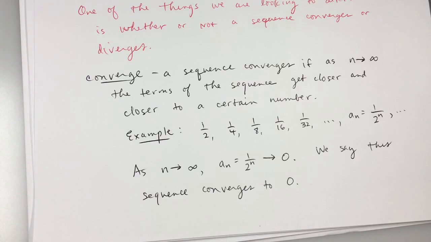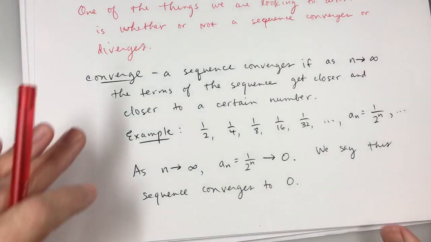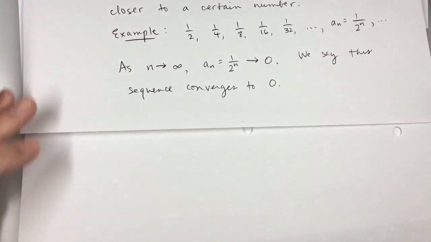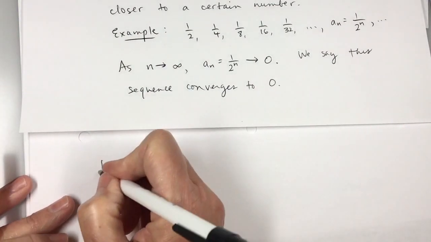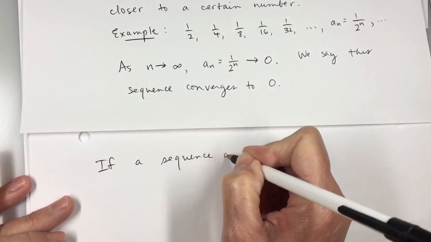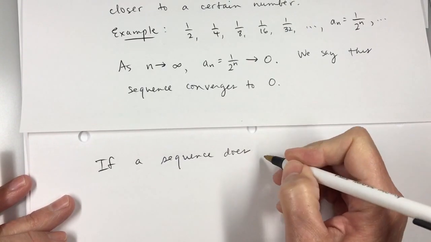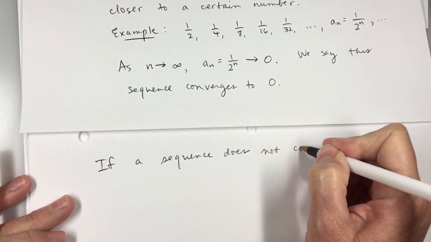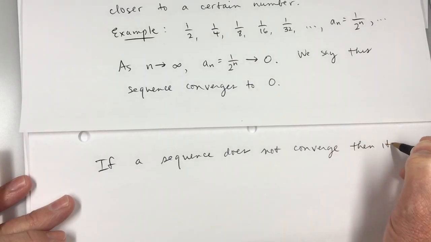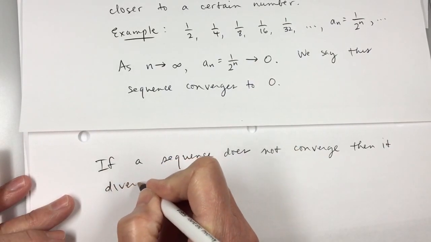Now, if a sequence does not converge, then it diverges.